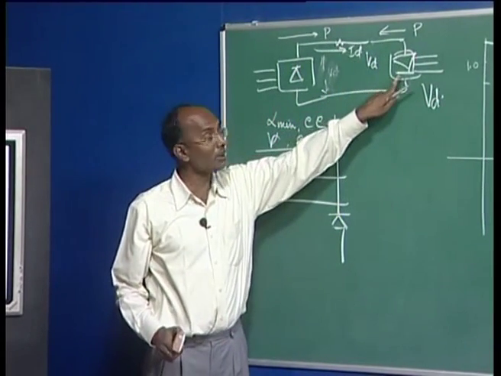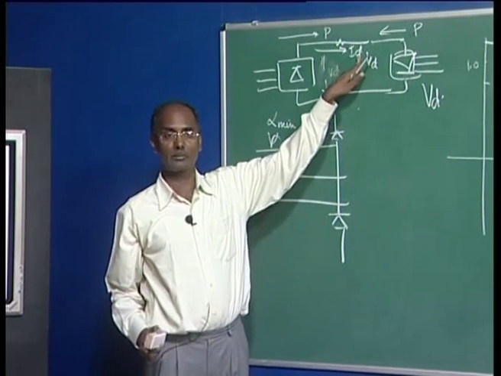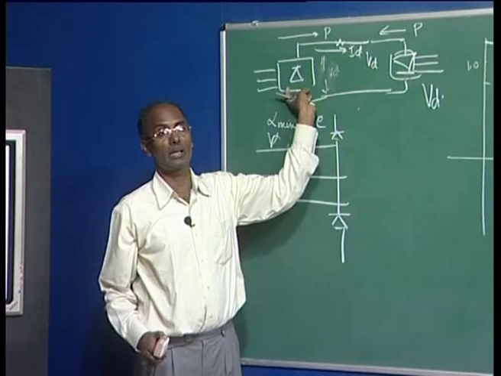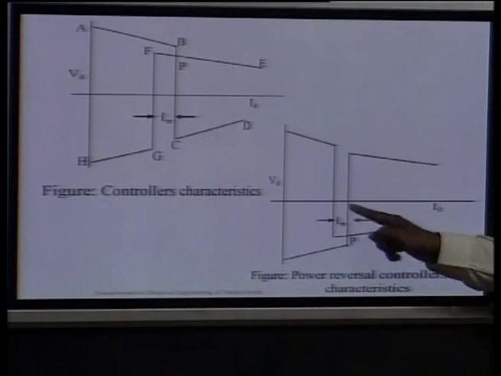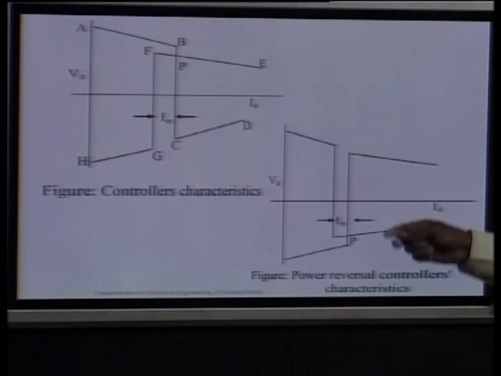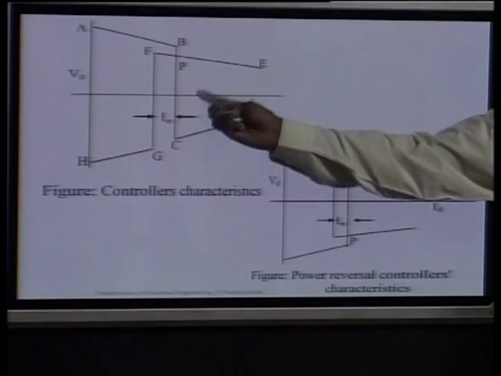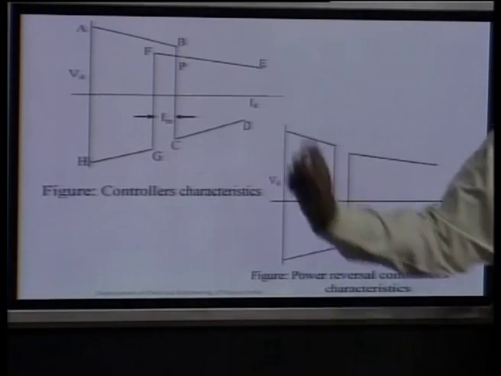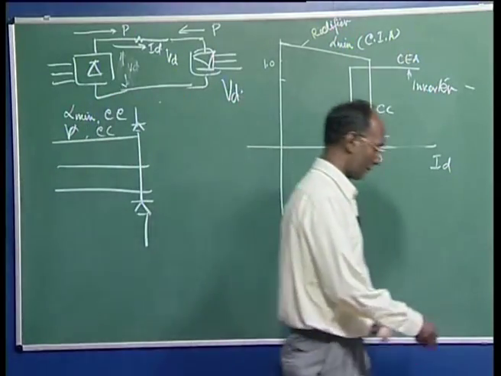Now this controller, earlier it was inverter, now this should be the current of this margin, and we have to reduce this margin by that percentage. You can see this is reduced here, this current, and this is the characteristic now. So in the power reversal case, this normal operation, here means the negative side, we exchange to each other, so that whenever there is intersection we can have the complete characteristic.